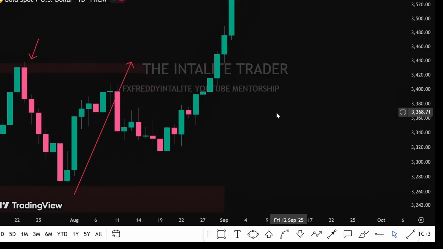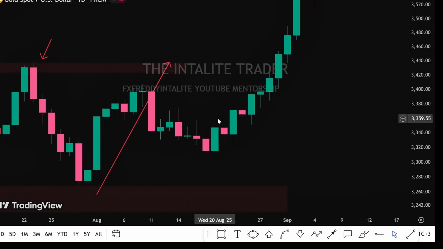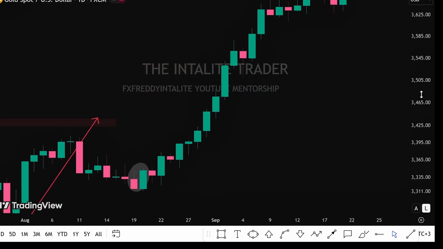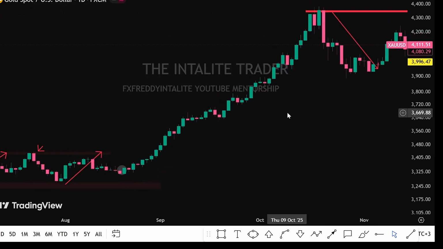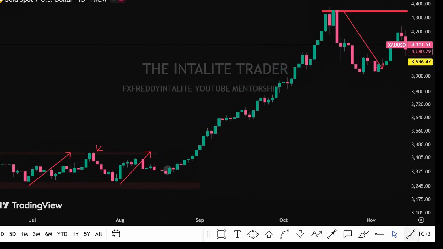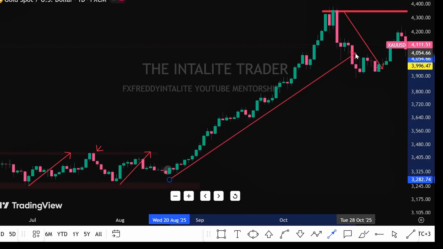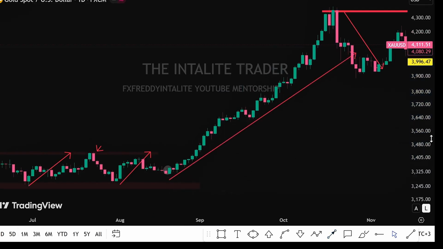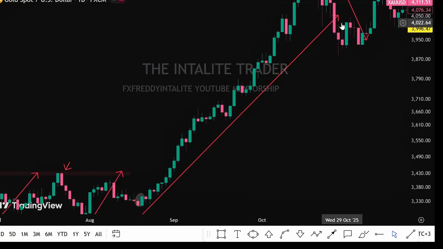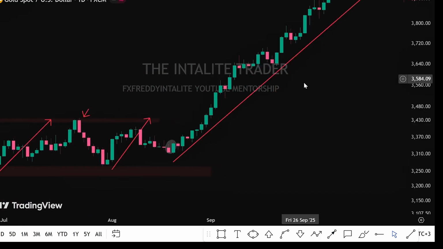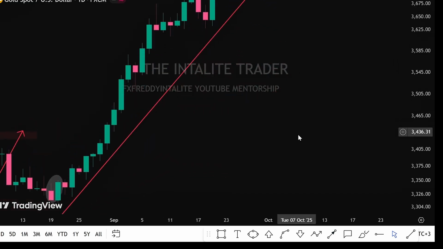You then had a momentum candle here. This is a momentum candle, and see what happened. Price went into a very strong bullish move. So this is how we apply these patterns to trade conservatively.